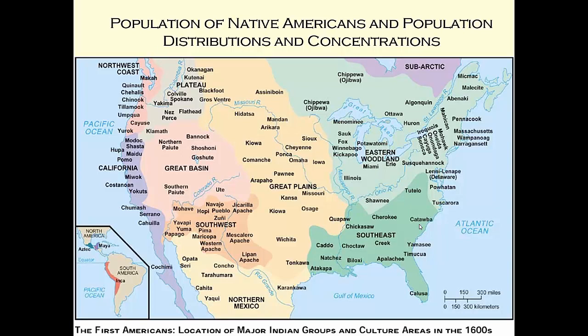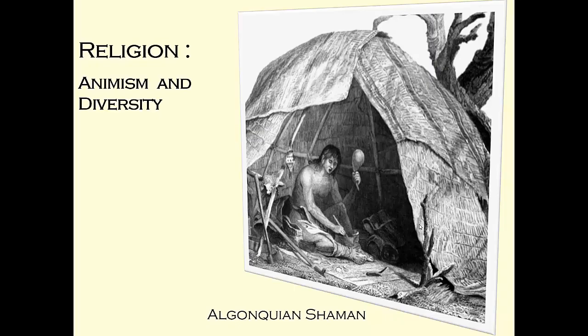And I'm not going to spend a lot of time here because your text and readings will cover all the various native civilizations throughout North, Middle, and South America. But just keep in mind that these were elaborate societies that emerged in the Americas. Before leaving, I do want to mention one thing, and that deals with native religions. There's not one single concept of spirituality amongst natives in the Americas.